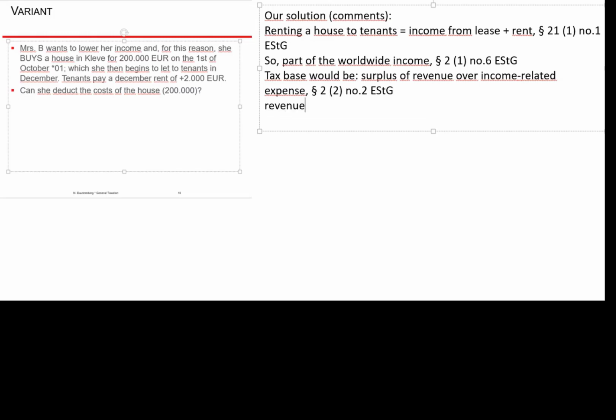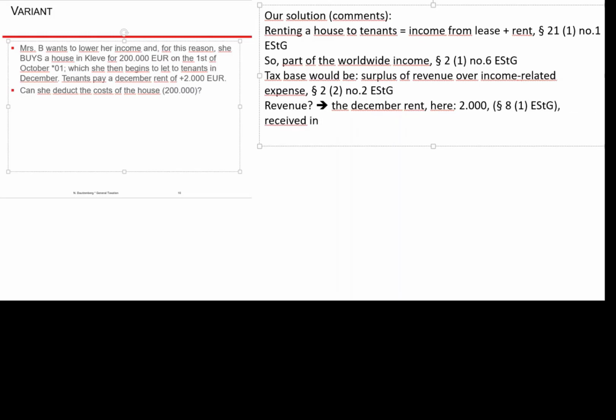And now let's look for revenue. That's evidently the December rent here, 2000. Received, it's income because it's money received in 01 still, so taxable in the year 01. See section 11, 1 sentence 1 ESDG.